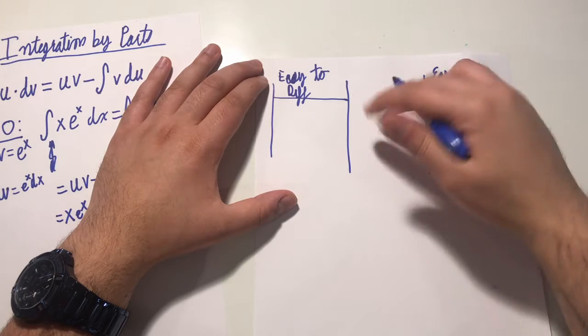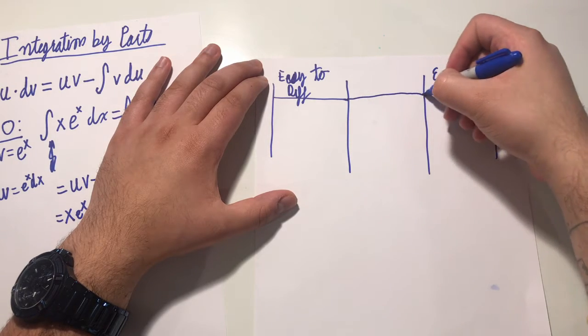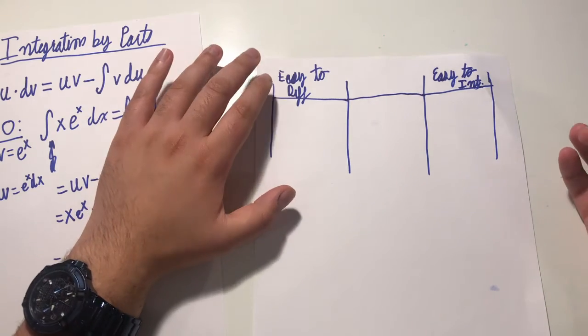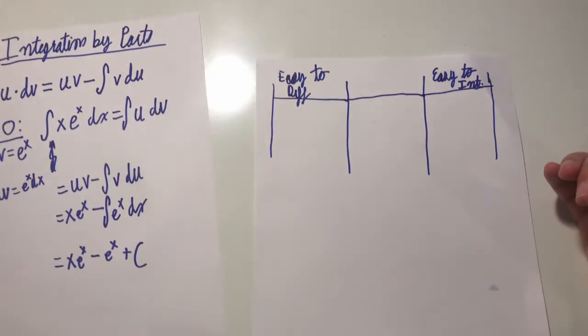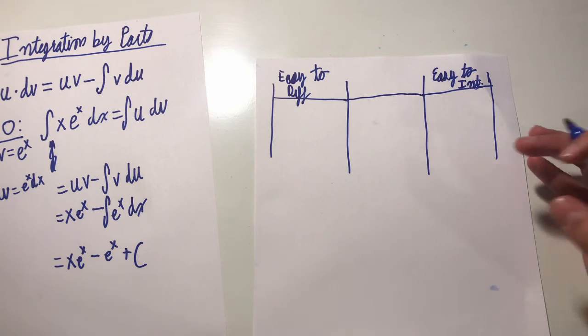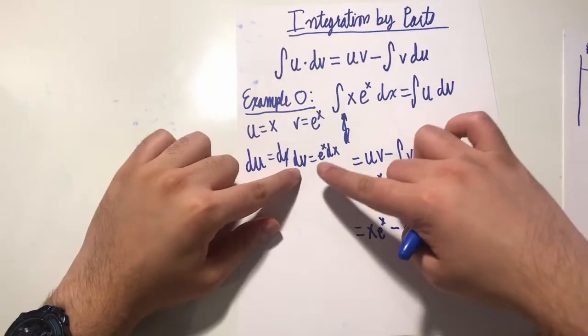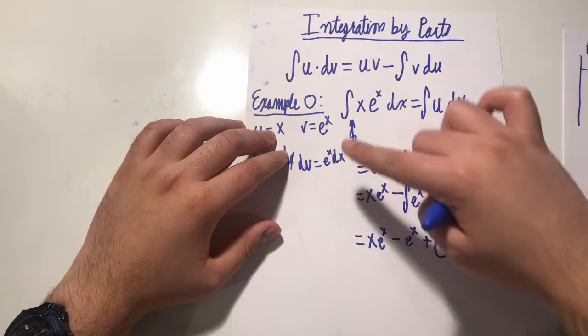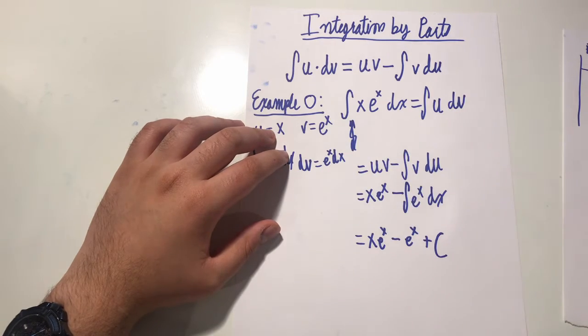And then here is just stuff in the middle that, you know, you could differentiate pretty easily, you could integrate pretty easily. Now, the way this works, we want to find a dv that's easy to integrate and u that's easy to differentiate, right? Because we assign a dv and we need to find v. So we kind of want to make this easy on ourselves by finding a dv easy to integrate.